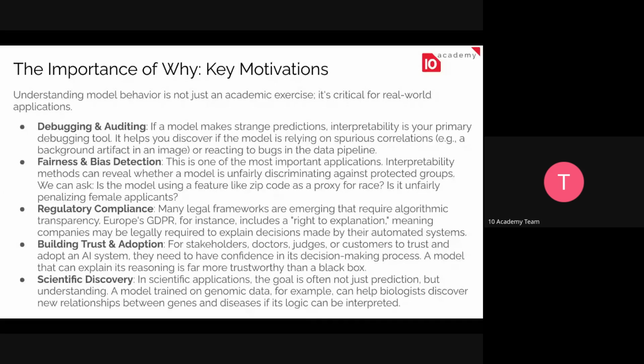For the first one, and I would say the first two are very important, the first one is debugging and auditing.